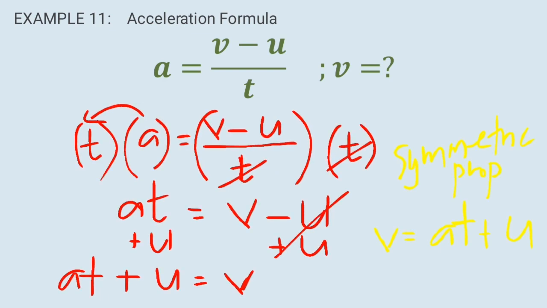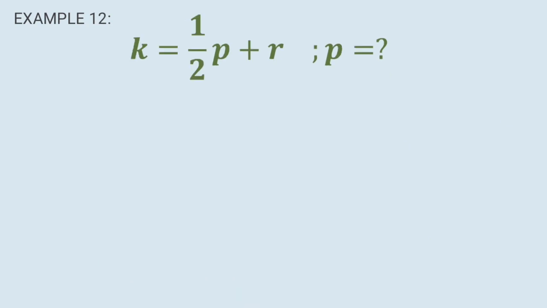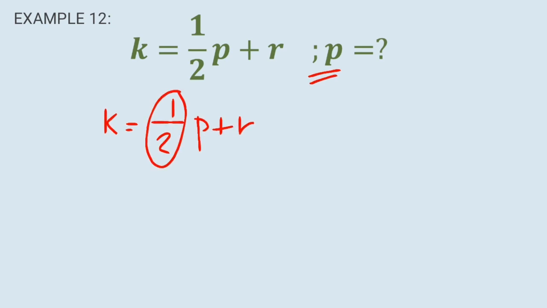Okay. Let's have another example. I think this will be the last example. Example 12. K equals 1 half P plus R. And we are to look for P. So let's rewrite it. K equals 1 half P plus R. Now, same as what we did a while ago, since there is a fractional part here, we have to first remove that one.